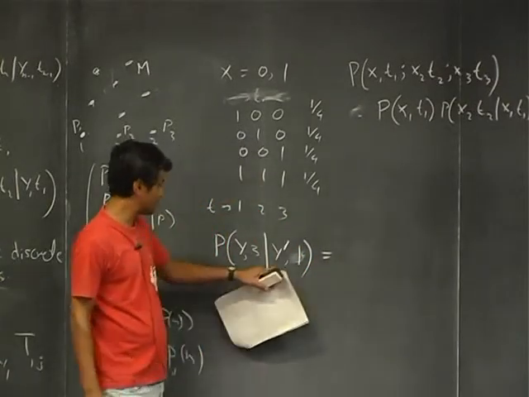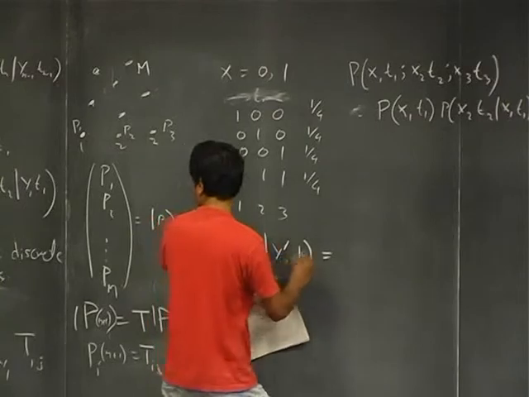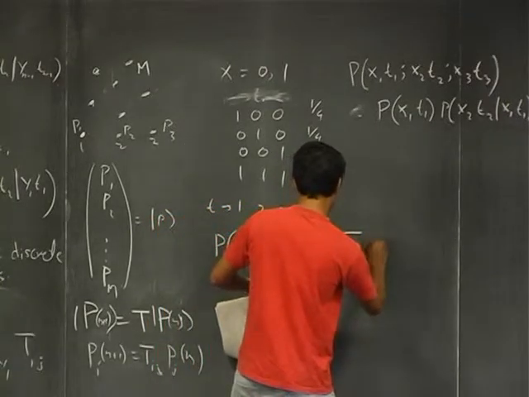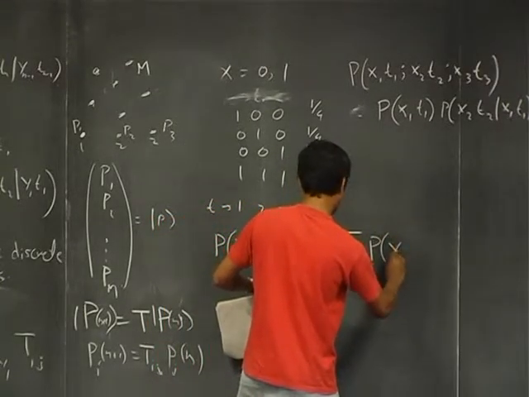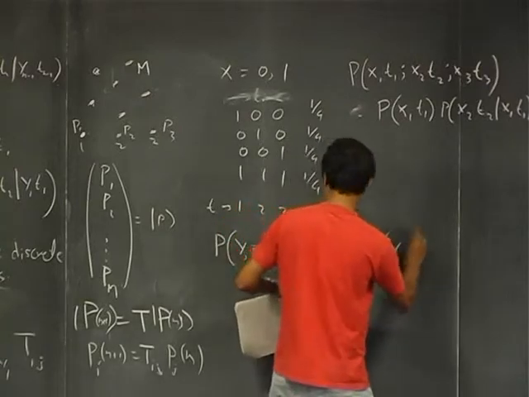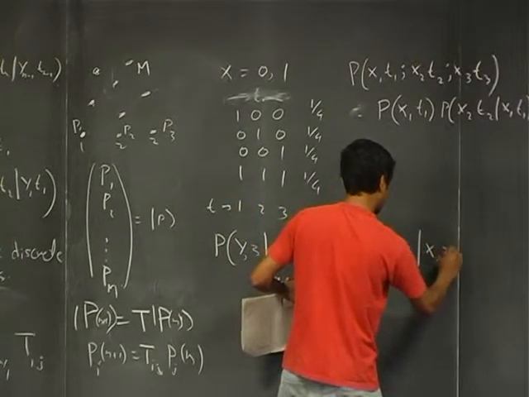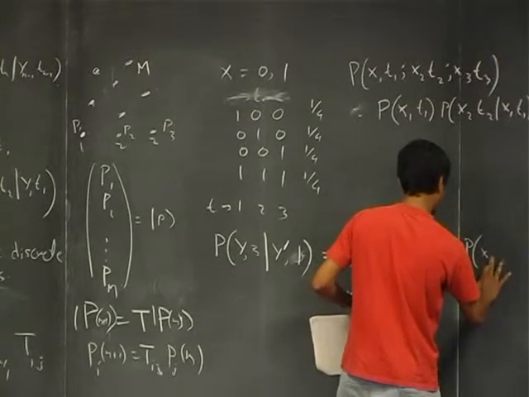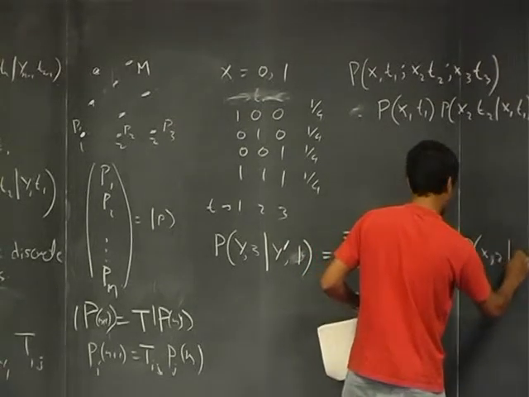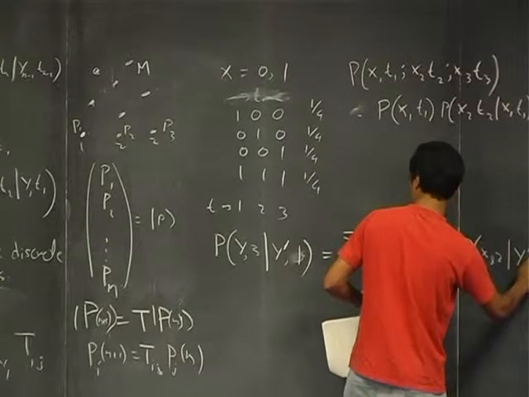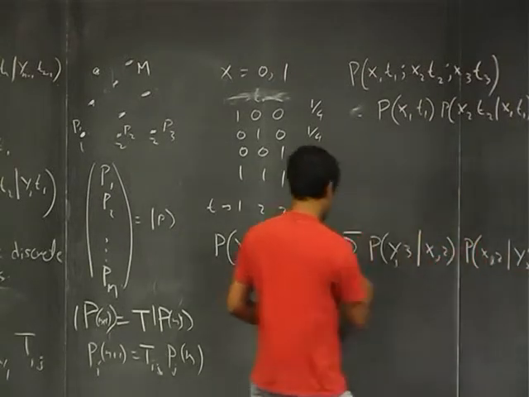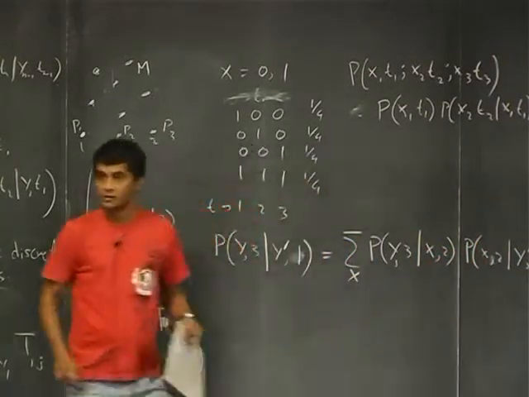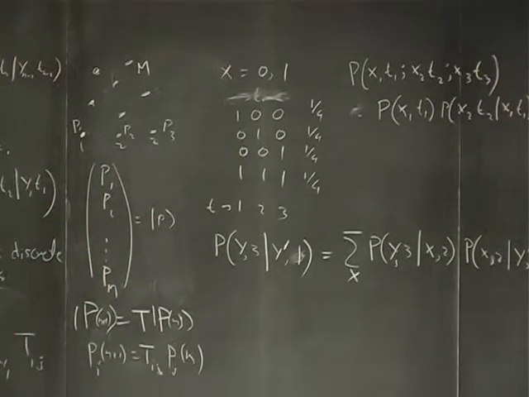okay. So if it's Markovian, it would have satisfied P of y3 given... x is like a 0 or 1, right?